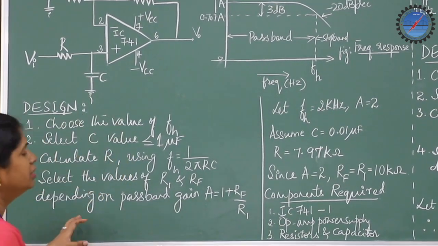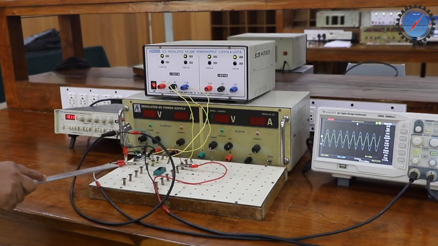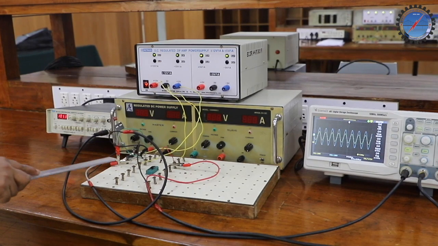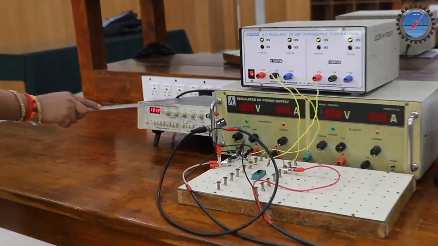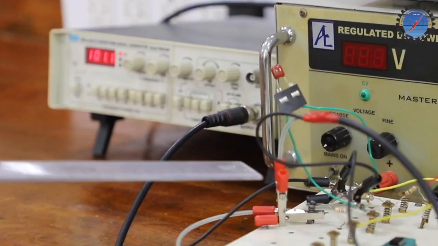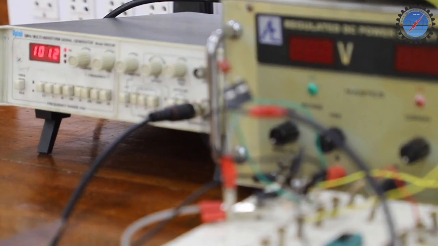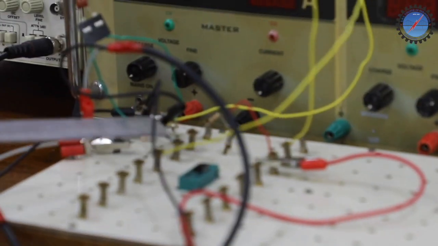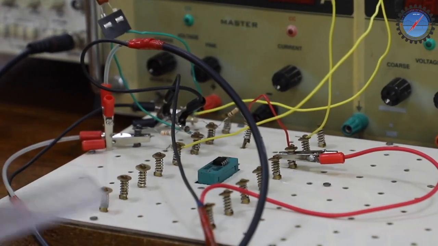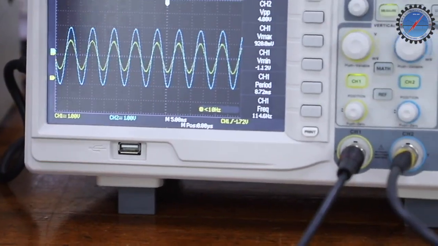Now let us move on to the conduction part. The circuit connections are made as per the circuit diagram on this string board, and we need a function generator or a signal generator to apply the input signal to the circuit. An input voltage of 2 volts peak to peak, 1 kilohertz has been applied to pin number 3 of the op-amp, and the input is also connected to channel 1 of the CRO, this digital oscilloscope.